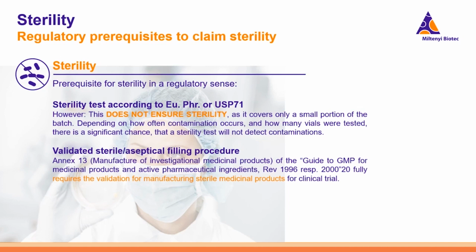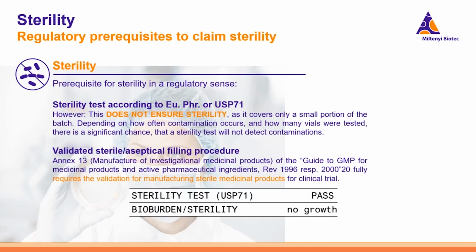If you now want to buy such a clinical cytokine and make sure that you really buy a sterile one, what do you need to take care of? What you need to do is look at the certificate of analysis and check if it basically spells out the word sterile there. If you just see something like sterility test according to USP, passed, or bioburden sterility, no growth, this is actually not sufficient.